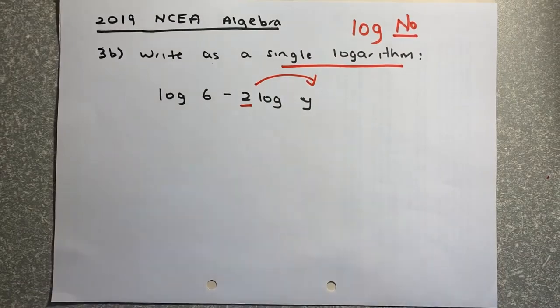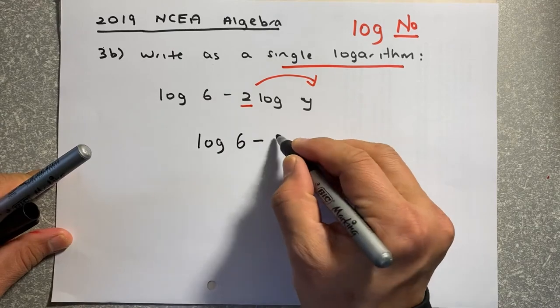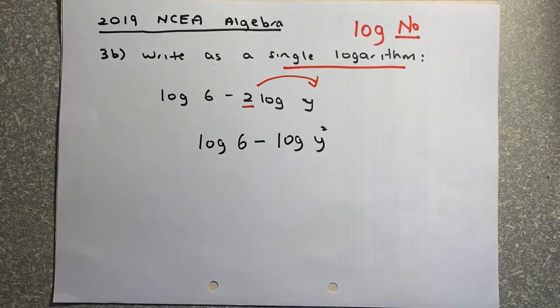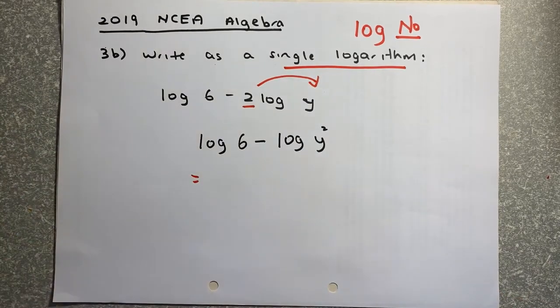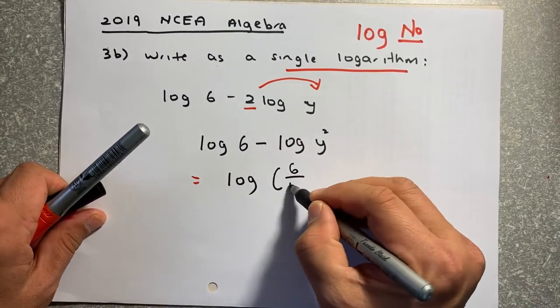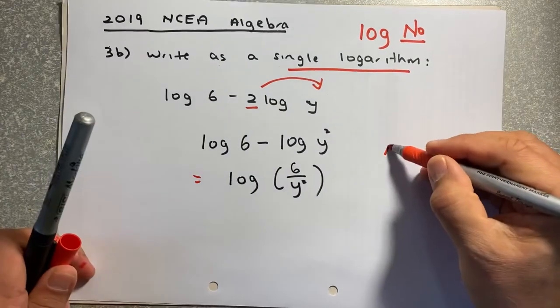So it's going to be log 6 minus log y squared. And because that is a minus, it becomes log of 6 divided by y squared, and that is a simple achieve.